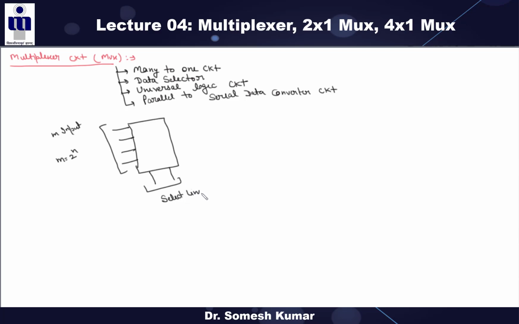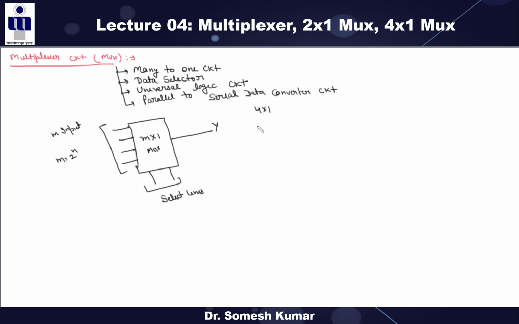The select lines tell you which input is propagated to this output, right? So it is also called the M into 1 mux, meaning if there are 4 inputs, then it is called the 4 into 1 mux.